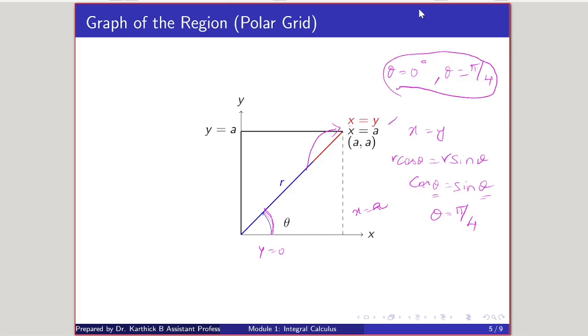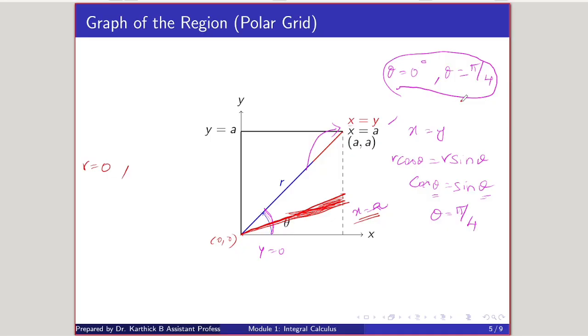Next we have to go for the r limits. I have told you that r starts from the inner radius to the outer region. So this will be the variation of r. Clearly the lower limit of r will be 0 again, because it becomes (0, 0), and the outer region here joins with the graph x equal to a.